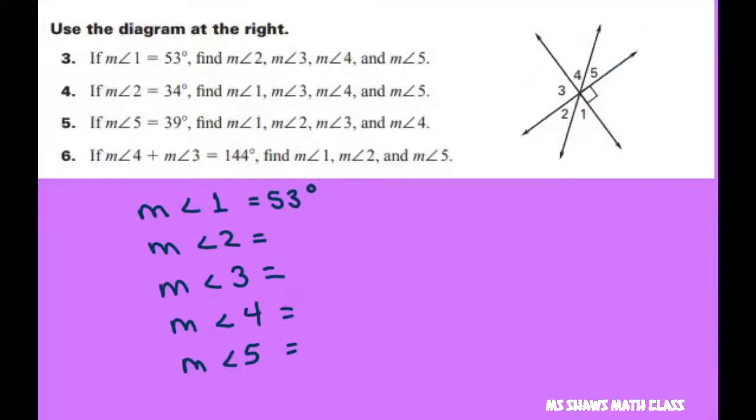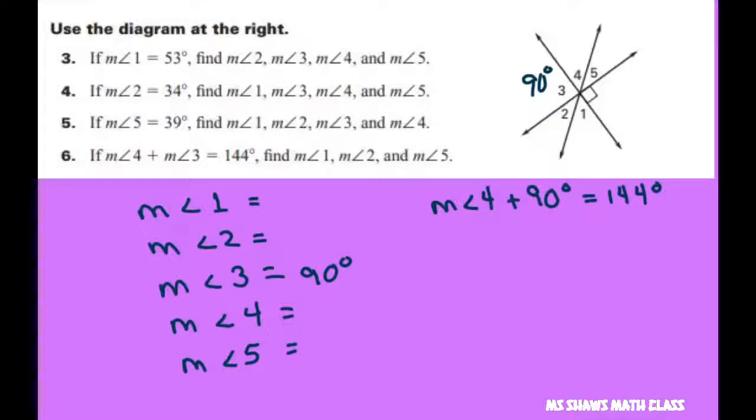And the last one, we have the measure of angle 4. Oh, this one's a little harder. Well, we already know that 3 is 90. So we know that the measure of angle 4 plus the measure of angle 3, which is 90, equals 144 degrees.